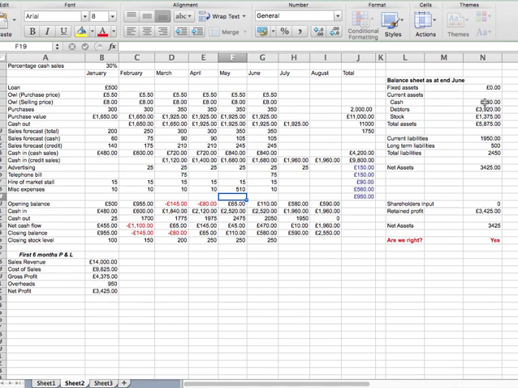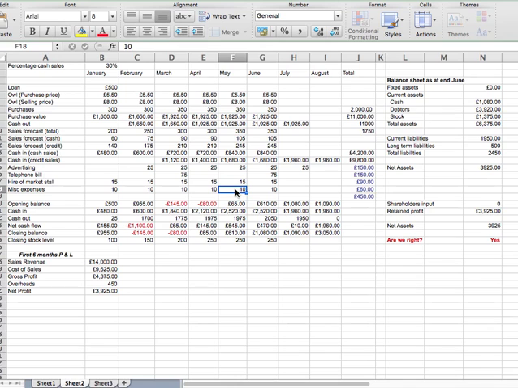The cash has gone down by 500, so the net assets, the application of funds, has gone down by 500. So these two are still in balance, so we still keep a yes. So it's done exactly what we expected it to. Brilliant. Okay, let's put that back to 10 and try something else.